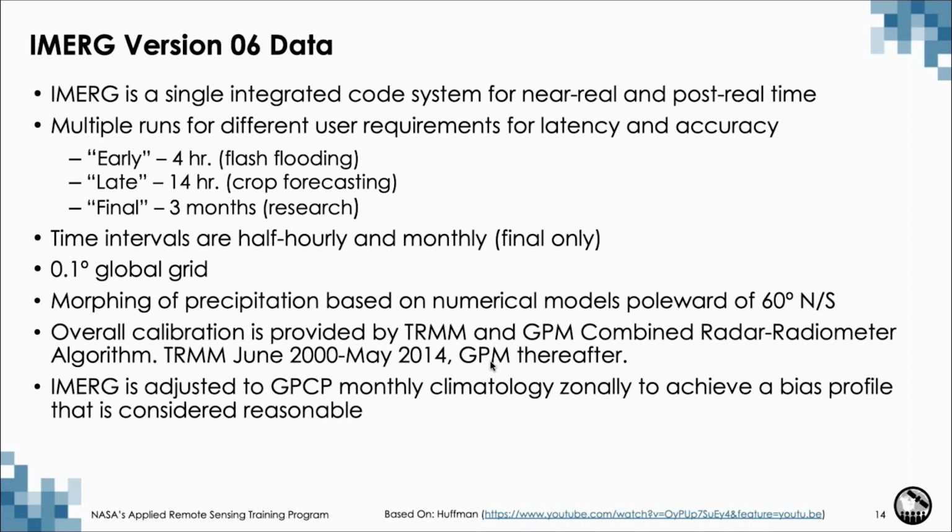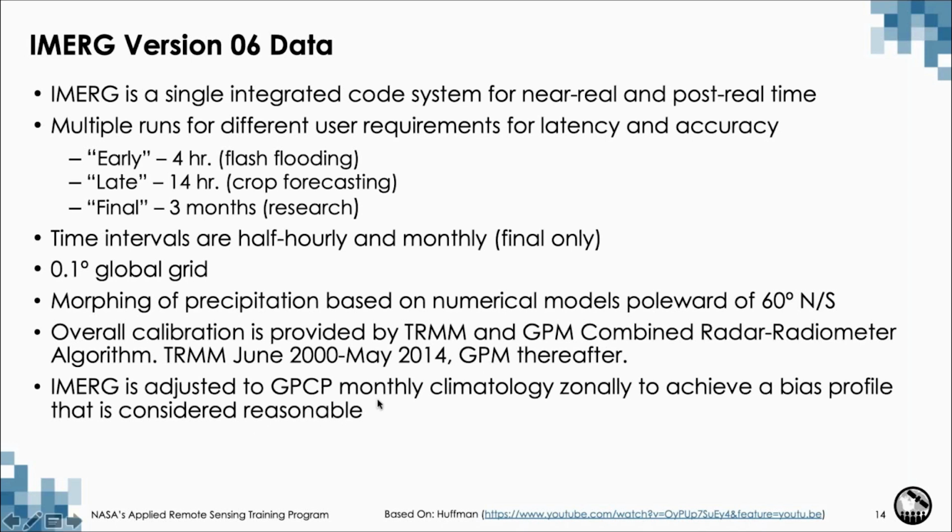And those of you who use precipitation to look at water resources or climate variability know that the longer the time series, the better it is to trust the data, do analysis, and come up with decision-making criteria.